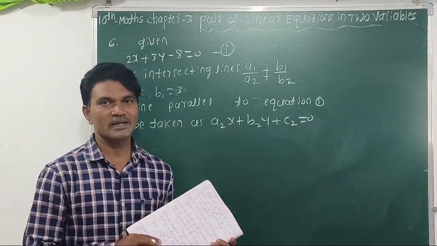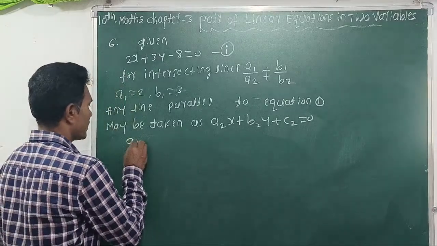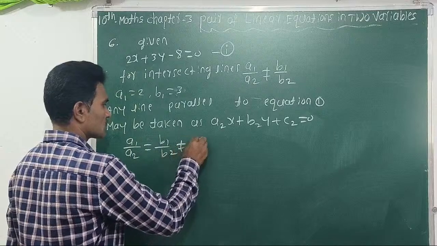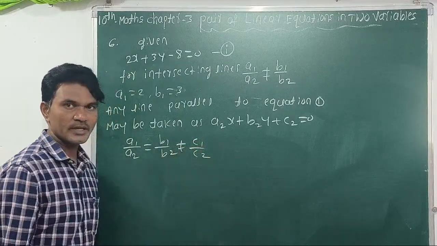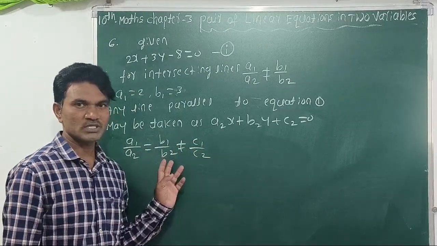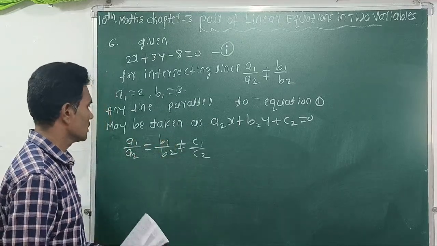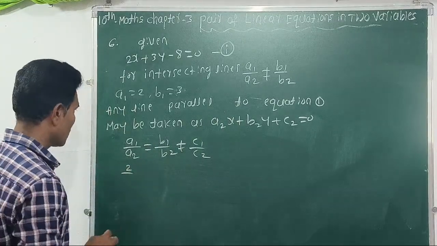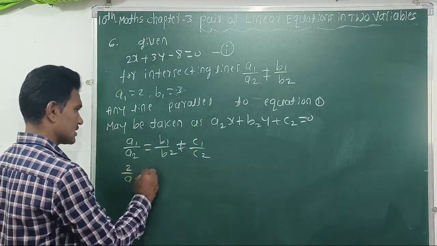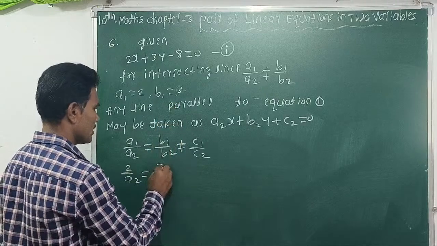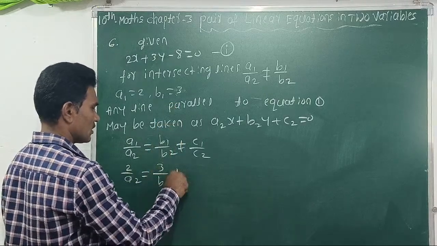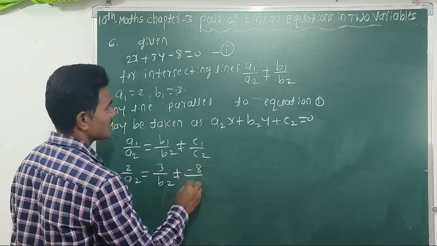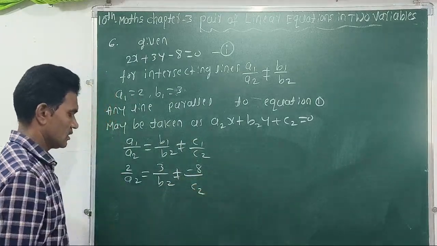When will parallel line occur? If a1 upon a2 equals b1 upon b2 not equal to c1 upon c2, then the graph of these two equations are parallel lines. So here we put the values: a1 upon a2 as it is, b1 value means 3, b2 as it is, not equal to c1 minus 8 upon c2.